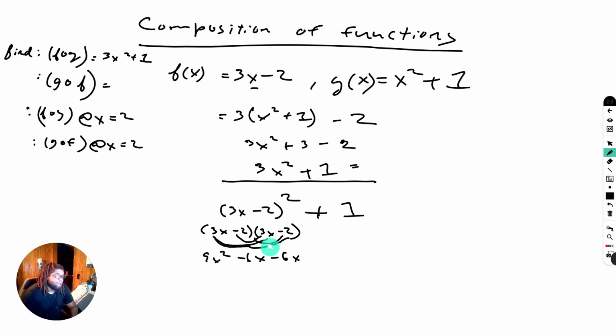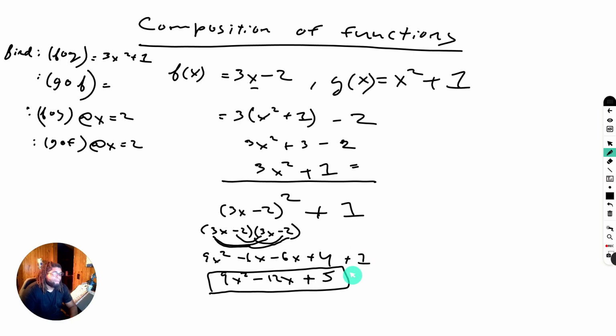And at the end we'll have negative 2 times negative 2, which will give us a positive 4. We can simplify this to 9x squared minus 12x plus 5.